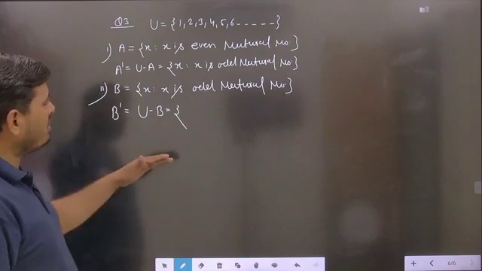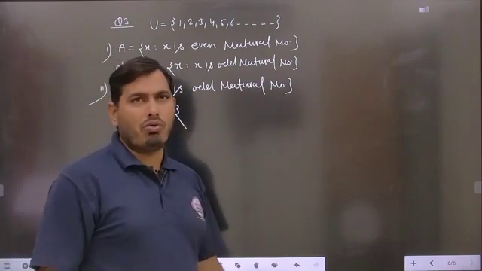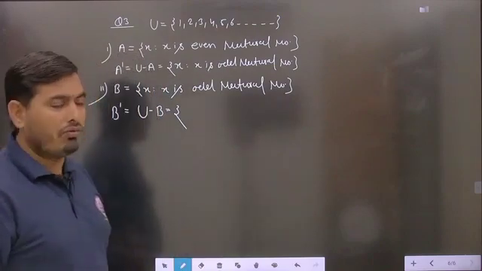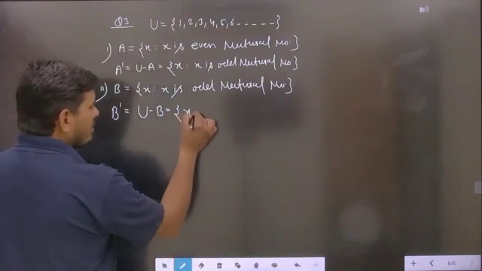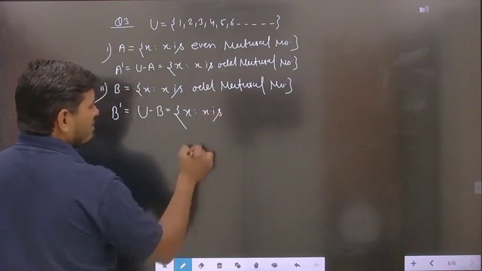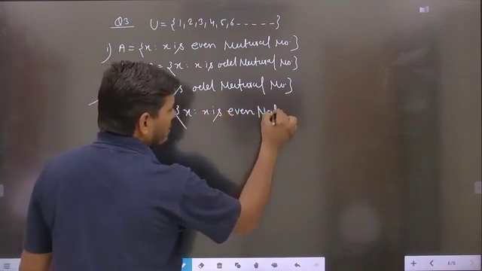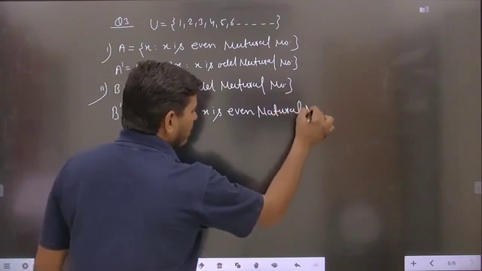Set B represents the odd natural numbers, so when odd natural numbers are subtracted here, you will get all the even natural numbers. So you can write the answer as x such that x is an even natural number.